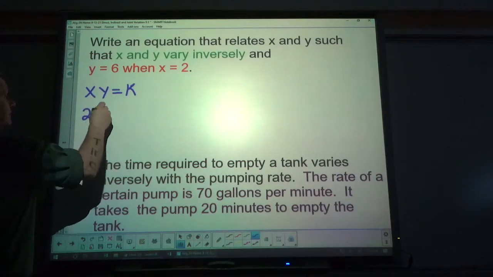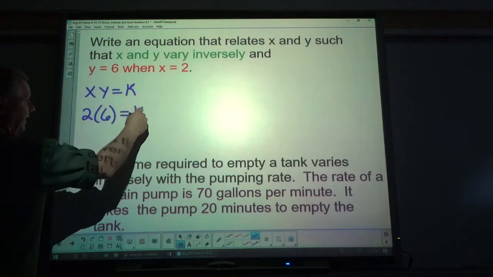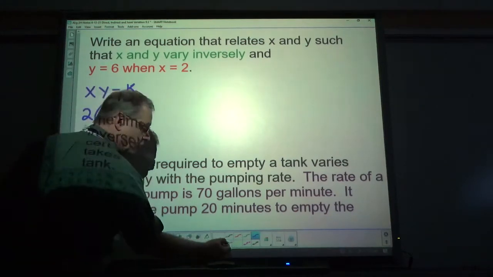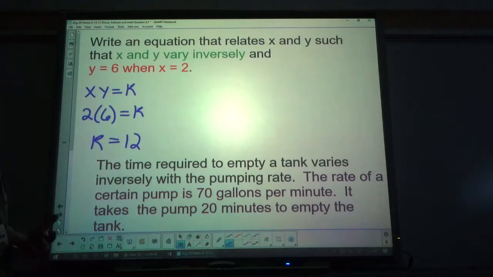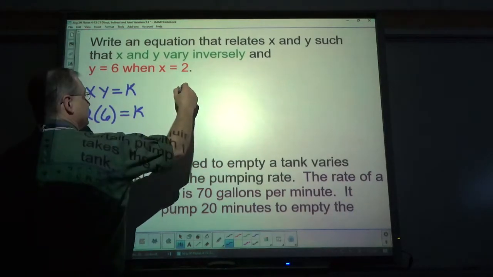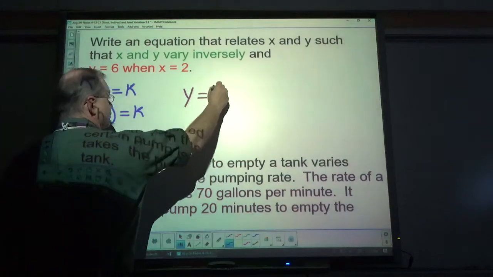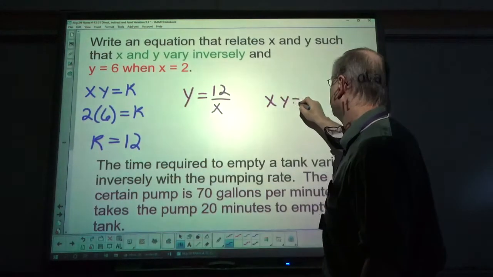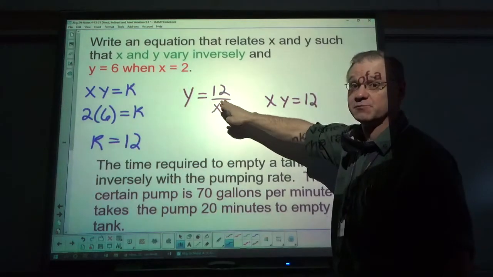So 2 times 6 equals k. K is going to be 12. So the way you write the equation is y equals 12 over x, or x times y equals 12, though this is preferred.